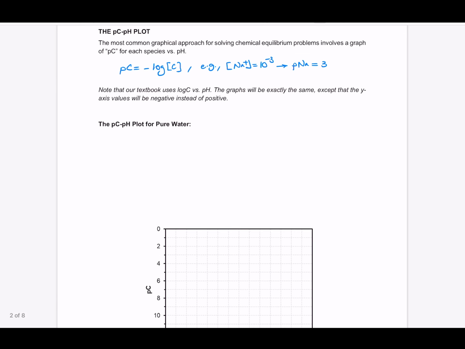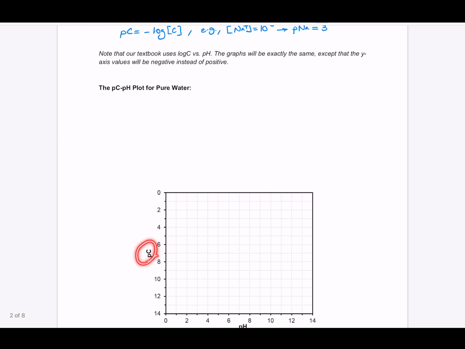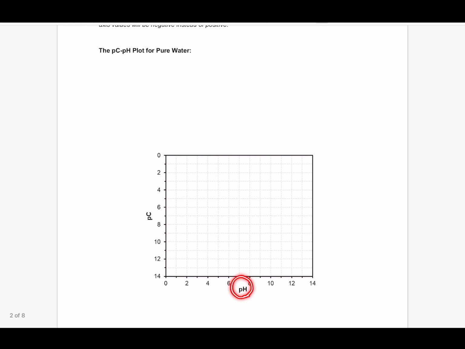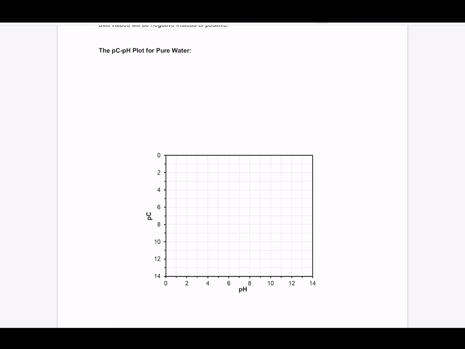So if we have that, we have this sort of graph. On one hand, we have pC for all the species, and then on the x-axis, we have pH. So what it says is how, for example, the different species concentration changes at different pH. Again, very valuable information. We had this a little bit in some of the previous lectures.